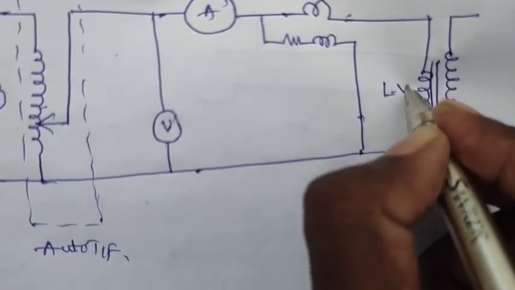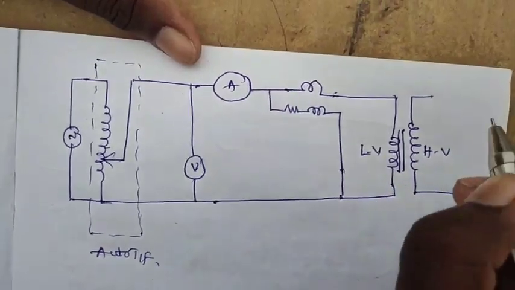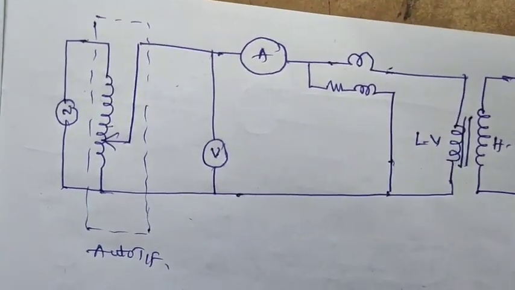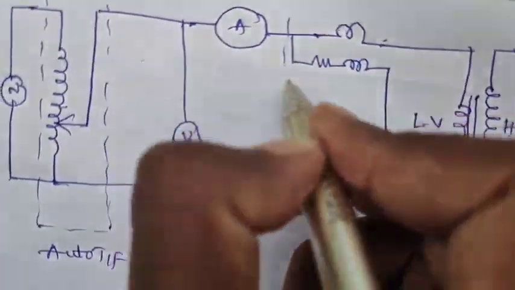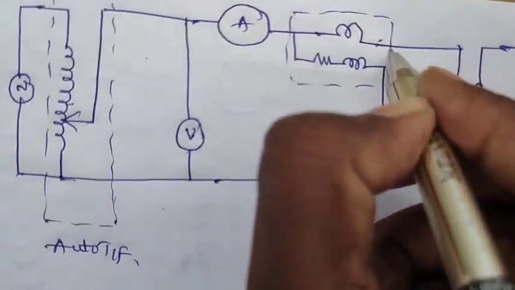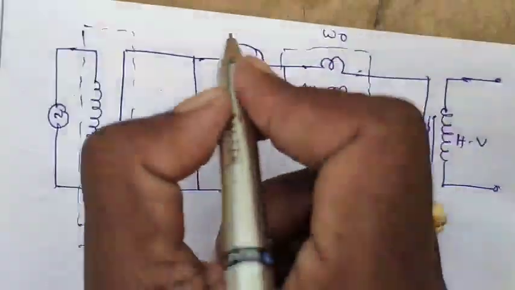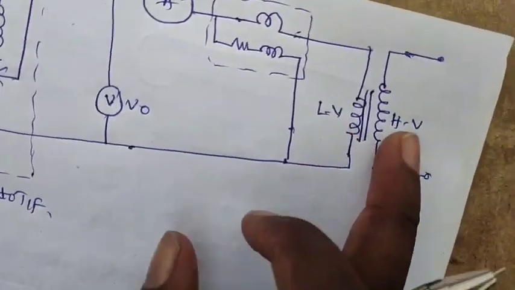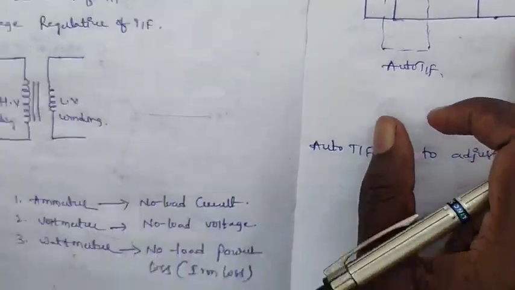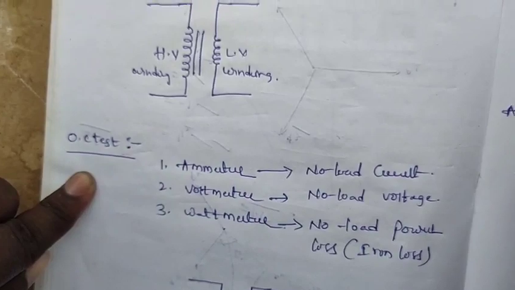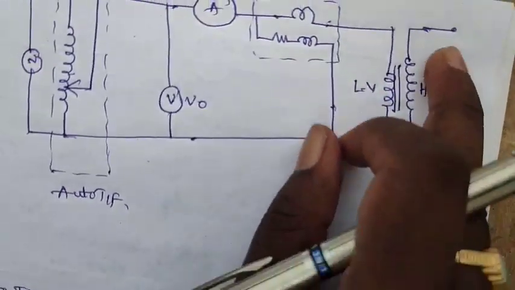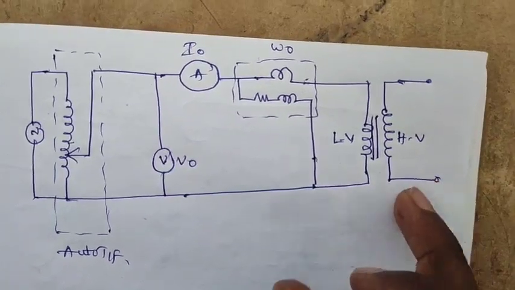This is the low voltage winding, this is the high voltage winding. W0, I0, V0. OC test means open circuit, so that's why I am opening the HV winding.